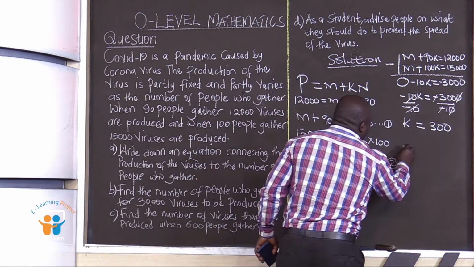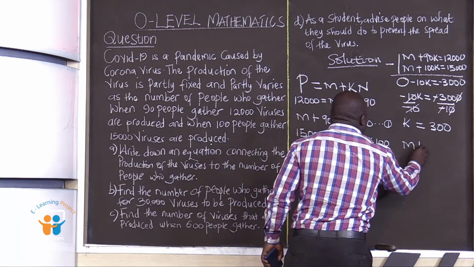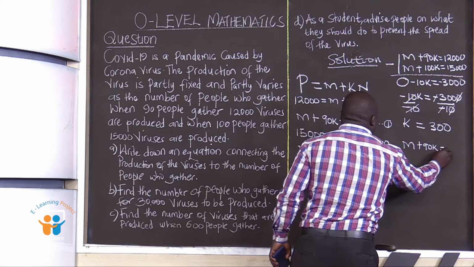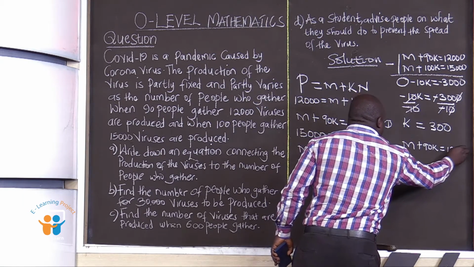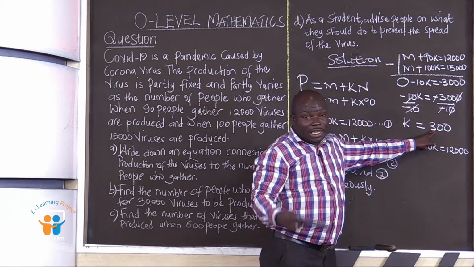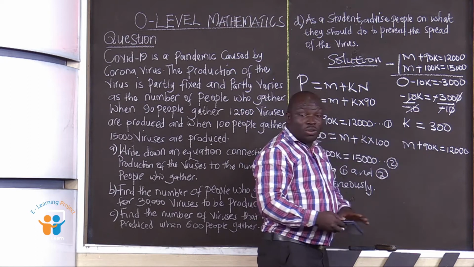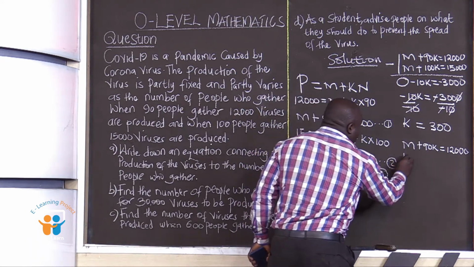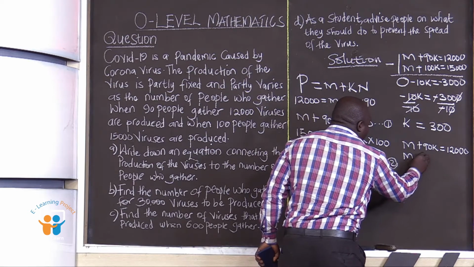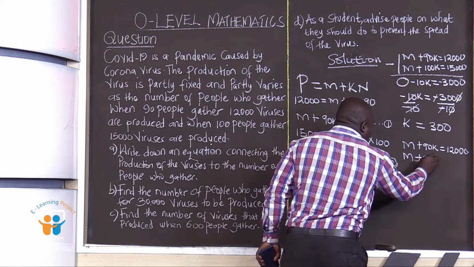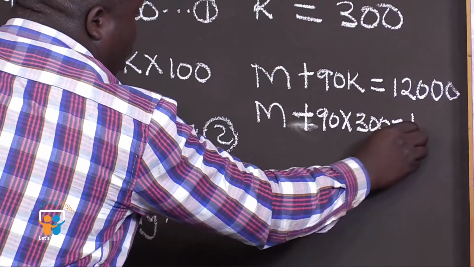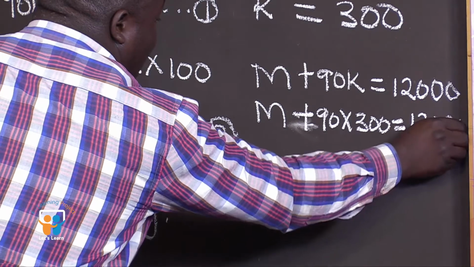So we are going to say m plus 90k equals 12,000. Remember, we have got a value of k as 300. Let's substitute for k. M plus 90 times 300 equals 12,000.